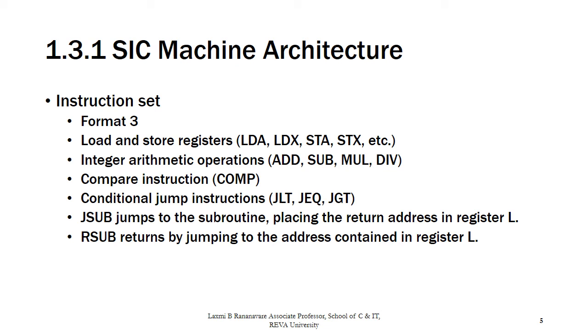Then the JSUB instruction jumps to the subroutine and places the return address in the register L, because when you call a subroutine, control is transferred to the subroutine, but after executing it, it has to come back. That return address is stored in the linkage register, a special register called the L register in the SIC machine architecture.